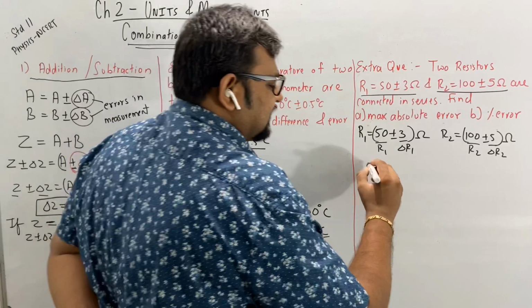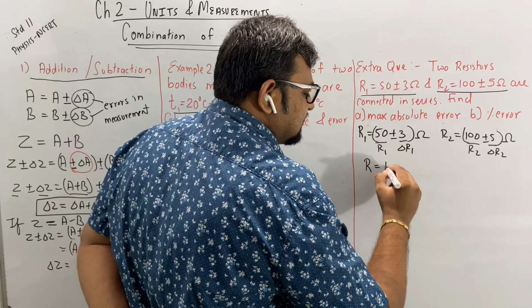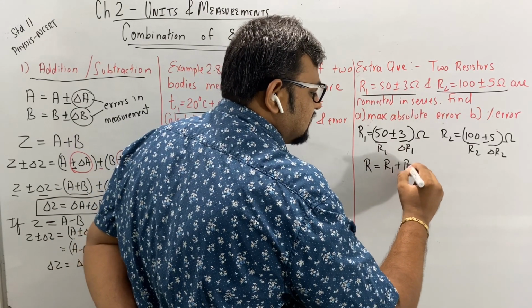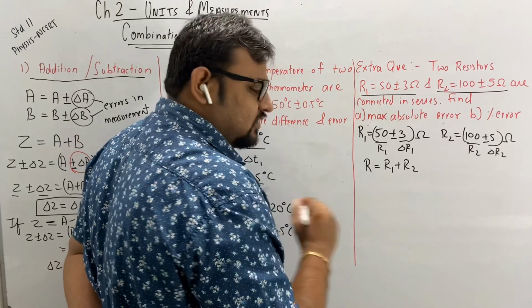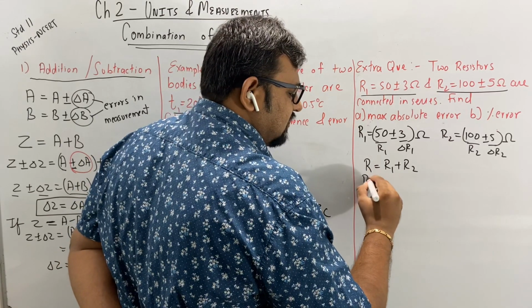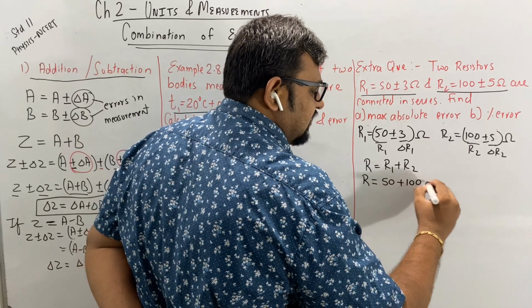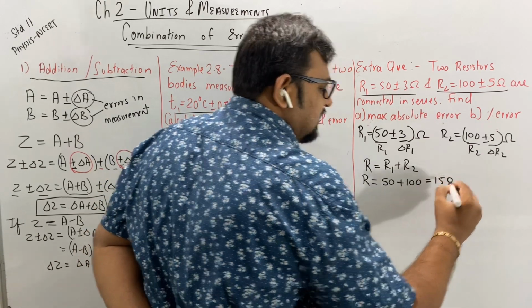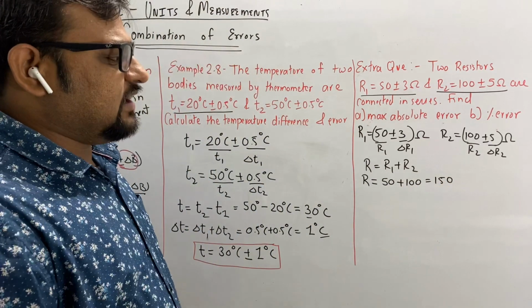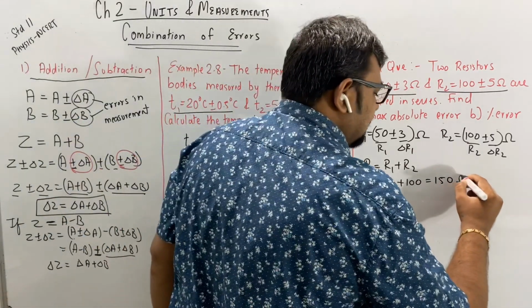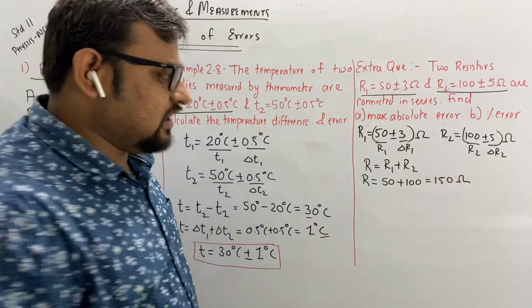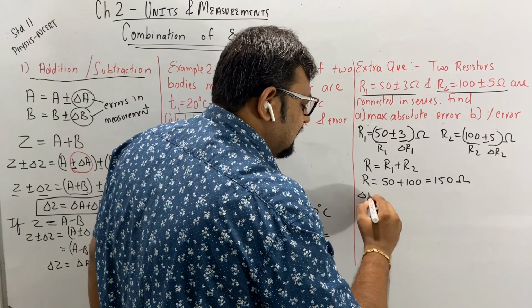Here two are connected, so R is equal to R1 plus R2. Right? So what will be R? 50 plus 100. This will be equal to 150 ohm.